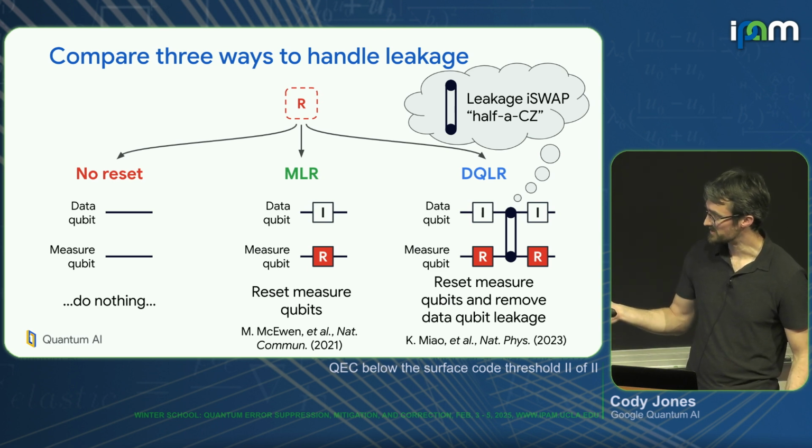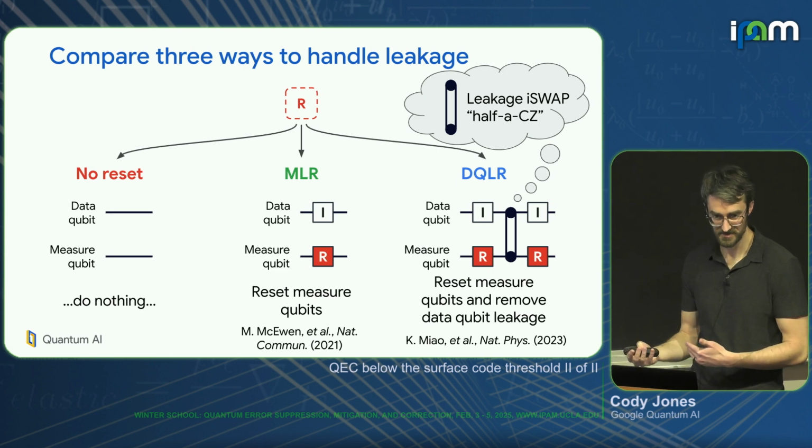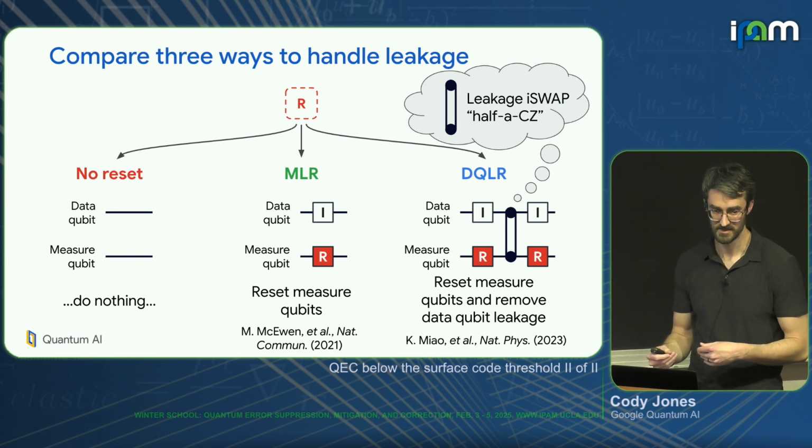And then there's another reset that comes after it. So what it does is it makes the QEC cycle longer, and you have some extra gates that can themselves add error. But there's a net win, which is that leakage is so damaging to QEC that it's worth paying a little bit of extra cost in time and complexity to remove it.